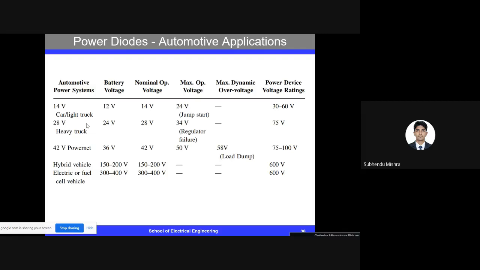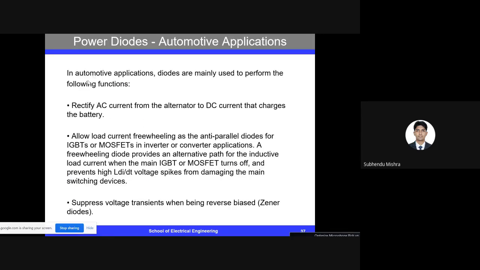And for a hybrid electric vehicle, the battery voltage is around 300 to 400 volts, and so you need a power device rating of around 600 volts, and the amperage would be around 300 amperes. Okay, so this is an automotive application, and where exactly are they used in automobiles? So they are used to rectify the AC current from the alternator to the DC current that charges the battery.